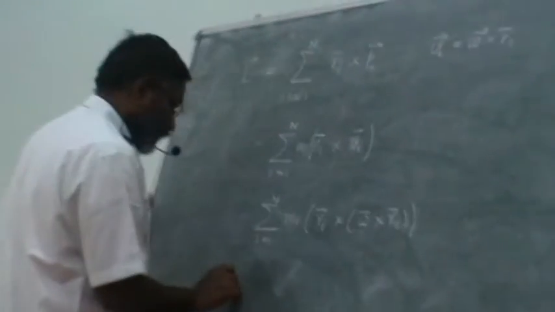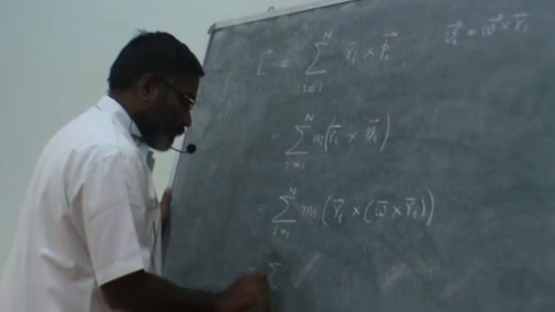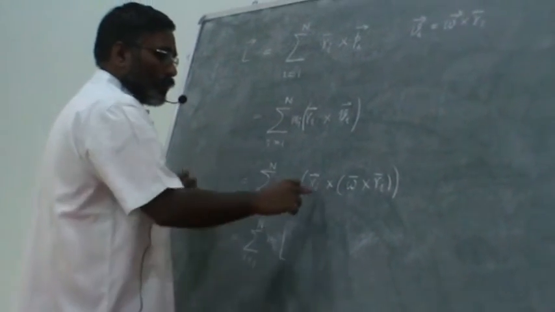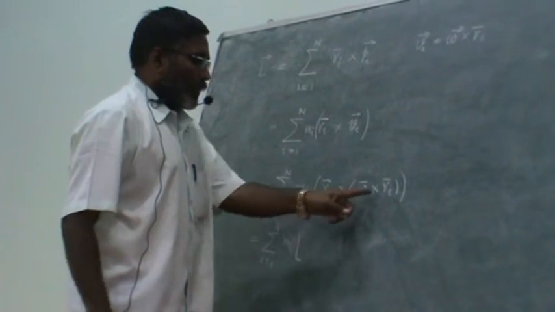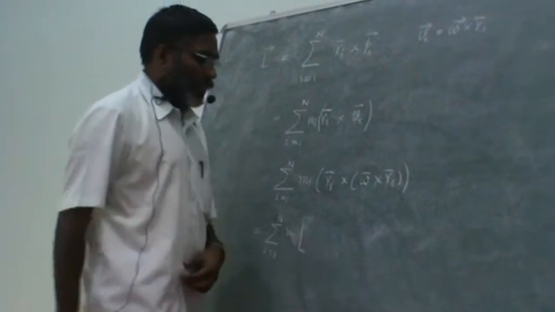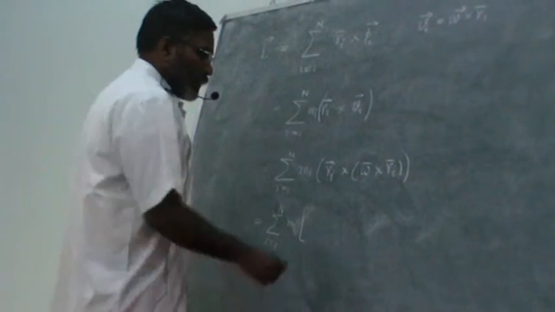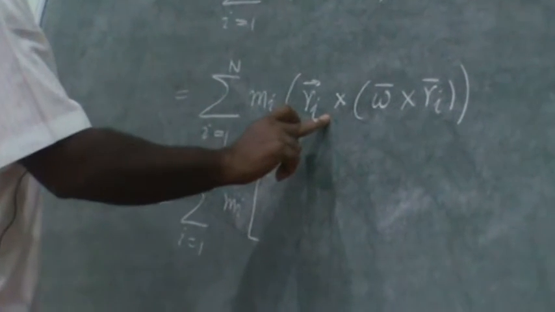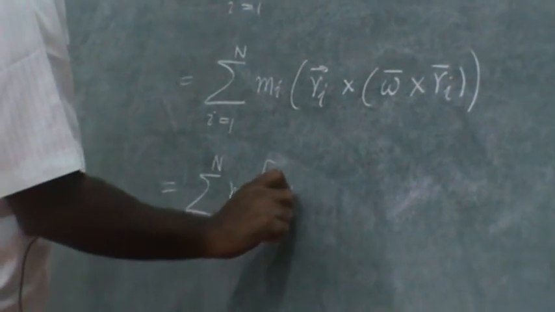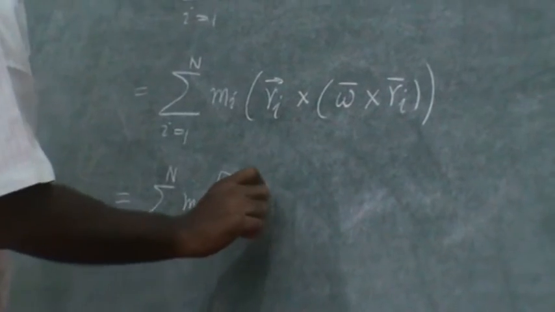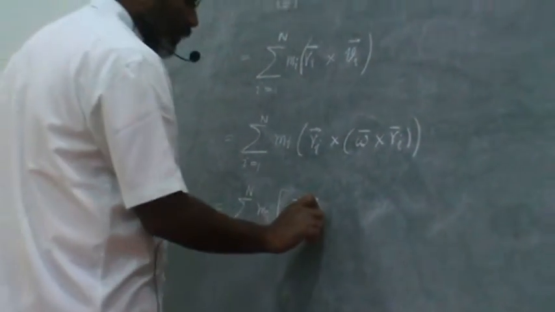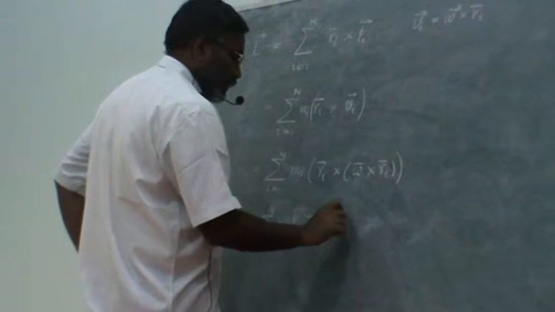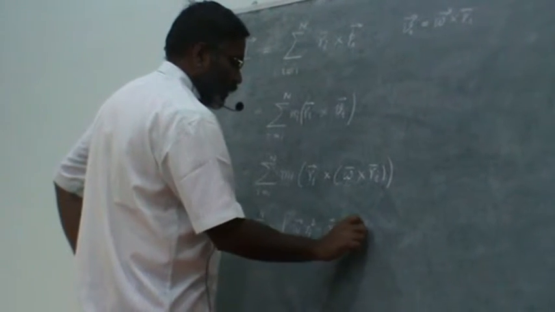This can be written as the sum over i equal to 1 to n of mi into, using the rule A cross B cross C is B times A dot C minus C times A dot B, so you can write omega times Ri square minus Ri times omega dot Ri.